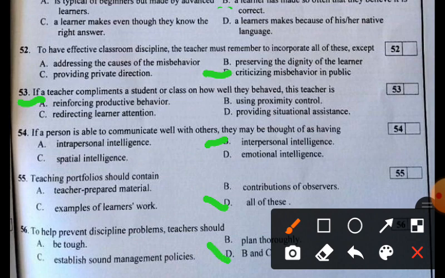B and C are also related to classroom management. The teacher should build a contract or set rules that students should follow during the class, which here is called policies. He should also plan an effective lesson to attract the students' attention.